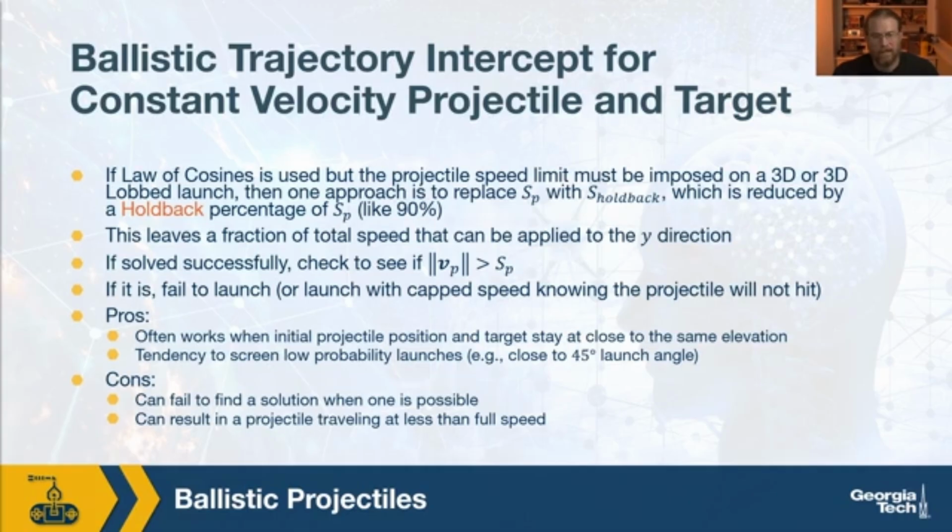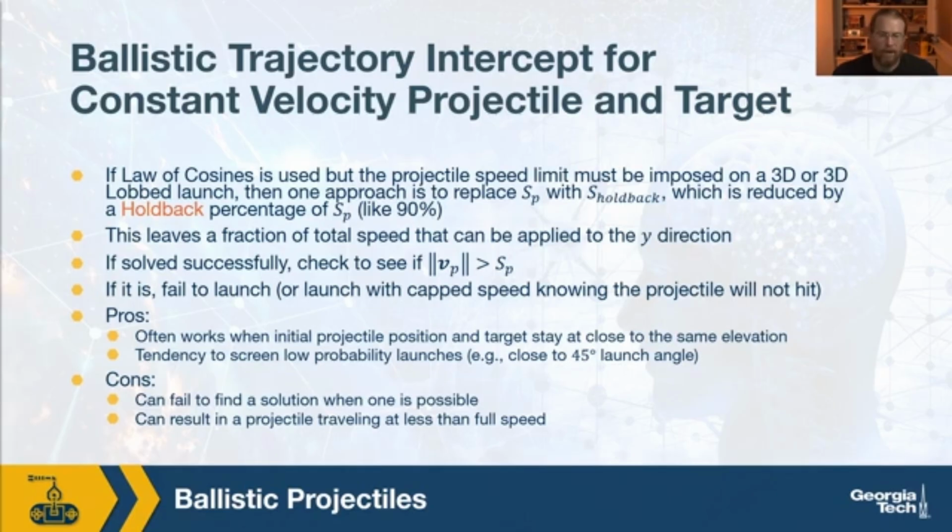So if it successfully finds a solution for the lob projectile in 3D, again, the velocity is going to likely be higher than the limit you passed in, but it might not be higher than the holdback percentage.